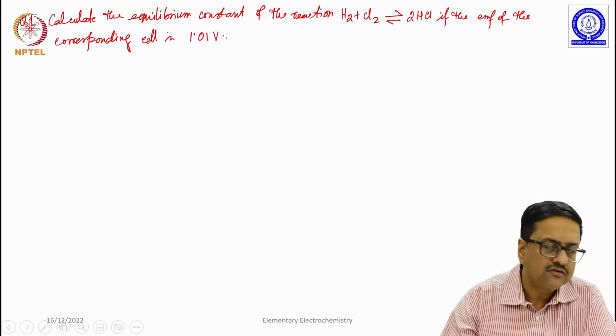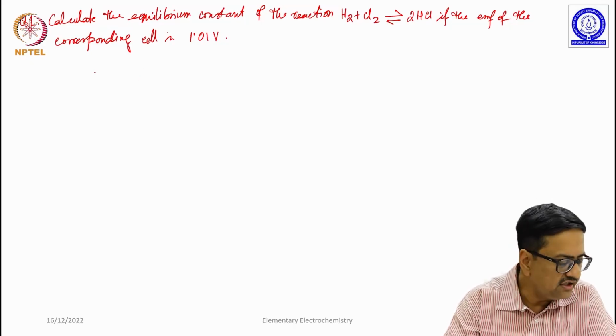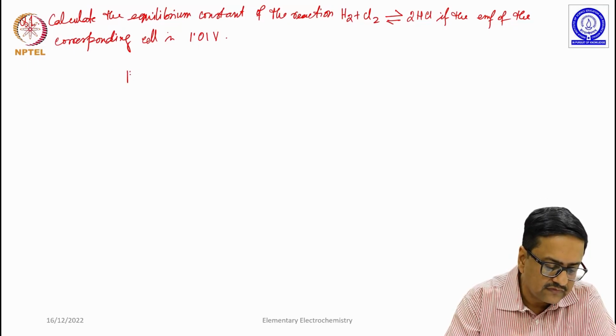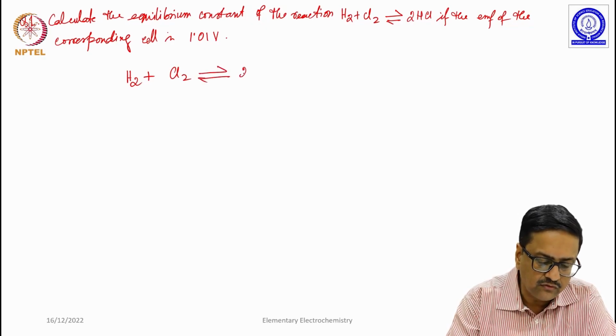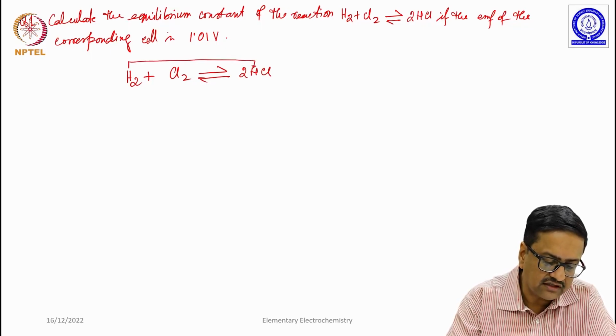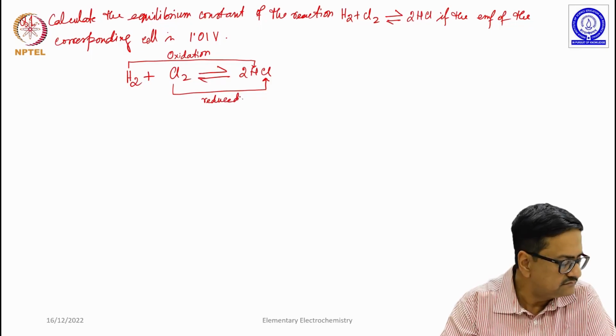Right? To solve this problem, we first need to write down the chemical reaction happening in this cell: H2 plus Cl2 forming 2HCl, which is given. Here hydrogen is getting oxidized and chlorine is getting reduced.